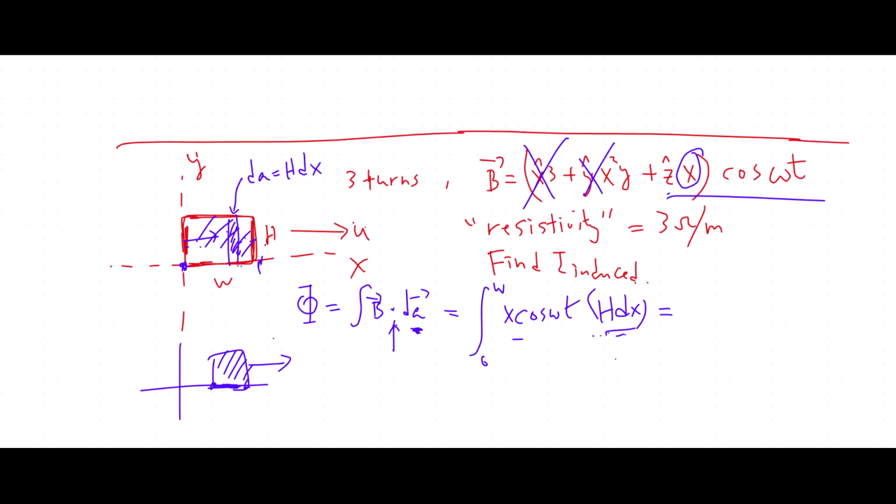Why? Because a lot of students just remember solutions. You don't understand the solution. If I change the velocity, the loop is moving up, then the solution will be different. Or if I don't put x here, but put y here, then the solution will be different. So you need to understand why we do the things that we do.